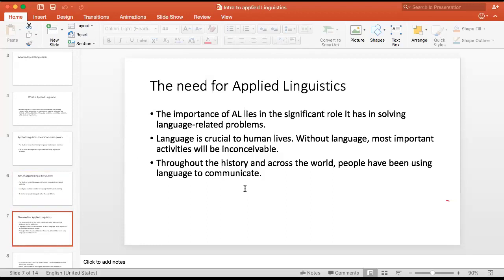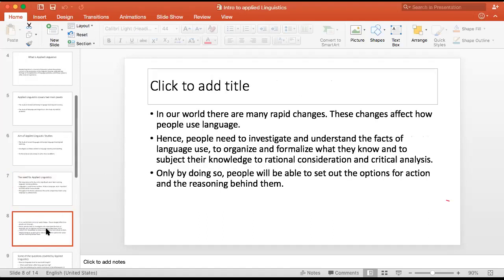So language is everywhere. People have been using language, learning language, and changing language. There has been an existence of dialects and accents. All of these we study in applied linguistics.